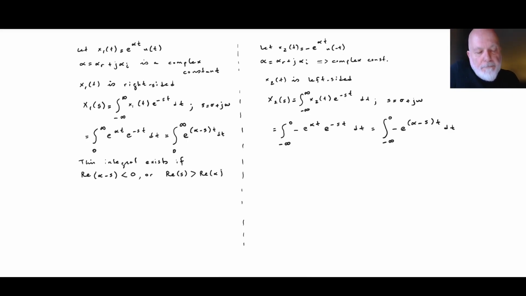Or again, in terms of the real part of s and the real part of alpha, sigma greater than alpha r.